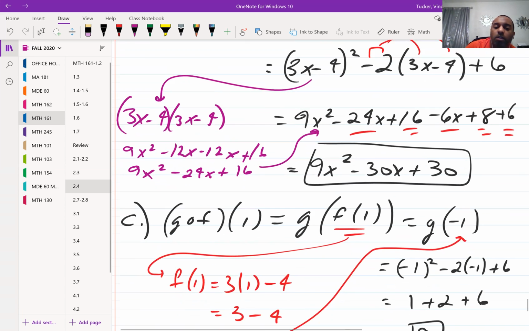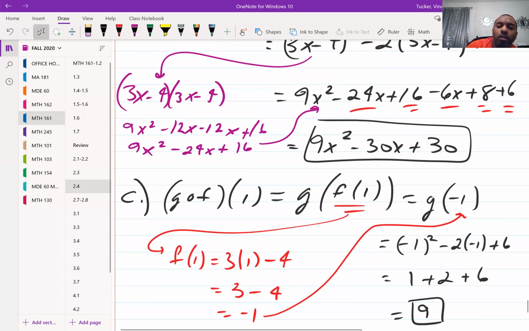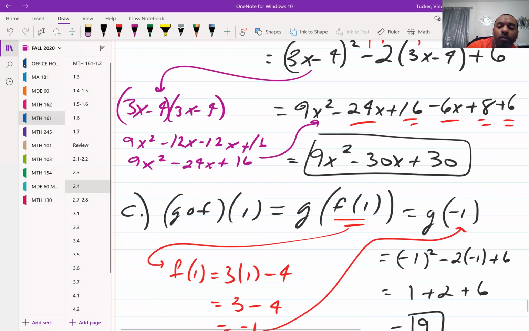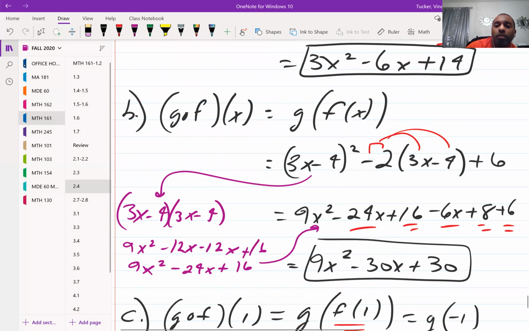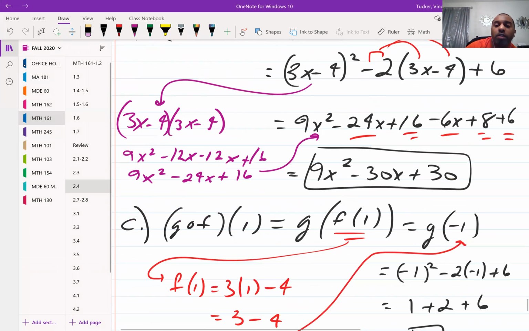All right, so here we have g∘f of 1. Before we just found g∘f of x, now they're saying put a 1 in there for x, then calculate it. We can do that one of two ways. So we're just talking about from scratch. That's f of 1 that we're going to plug into g. Because you remember before we had f of x that we would plug into g, but now we have a 1 in there for x.